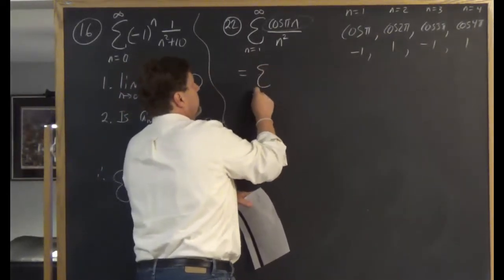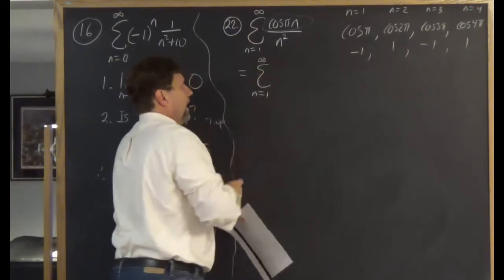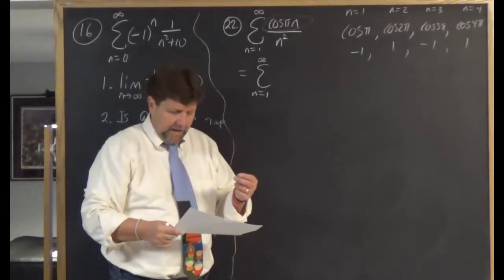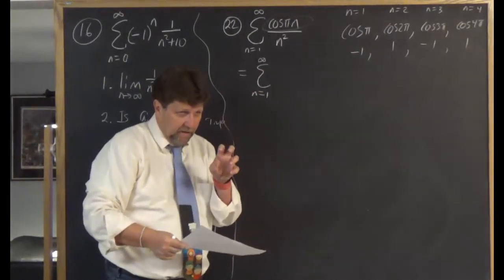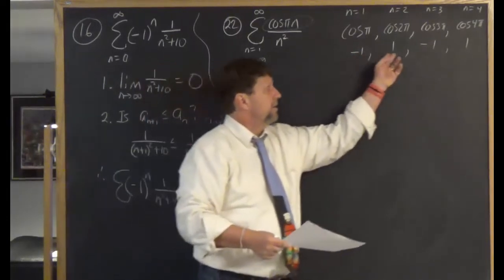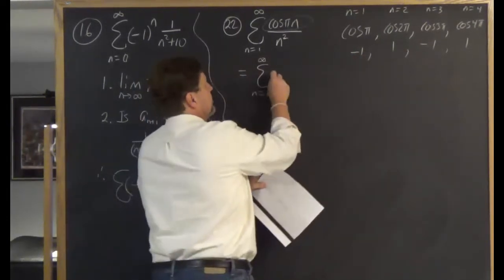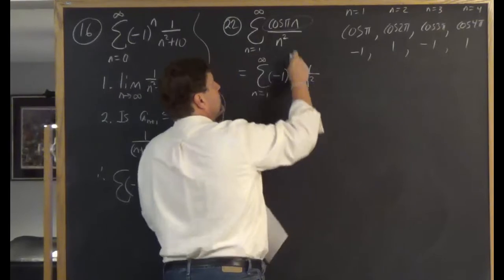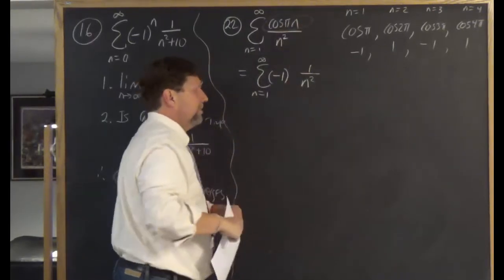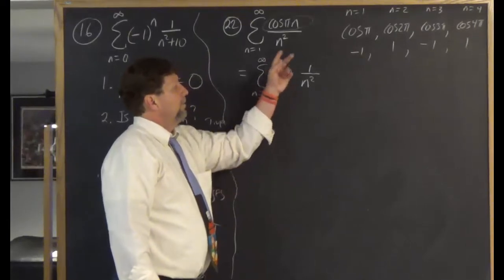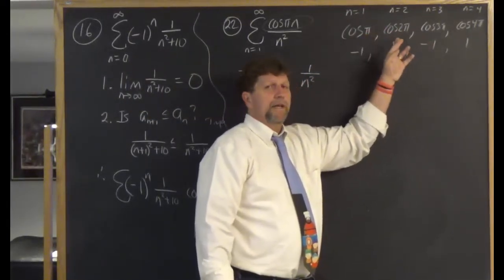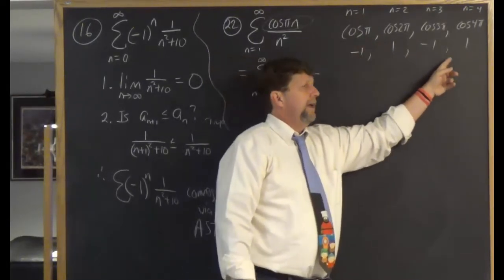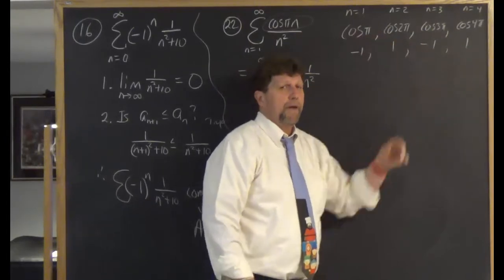But even though it was disguising that, I can rewrite the series. Instead of seeing the cosine of pi n, I should be able to rewrite it so that I have a negative 1 to some power. So let's see. I'm going to write down this negative 1, and leave the power off for a moment. We wrote down what would happen for n equals 1, 2, 3, and 4. It's going to produce a negative 1, 1, negative 1, 1 respectively.